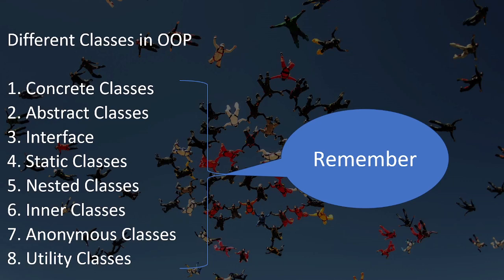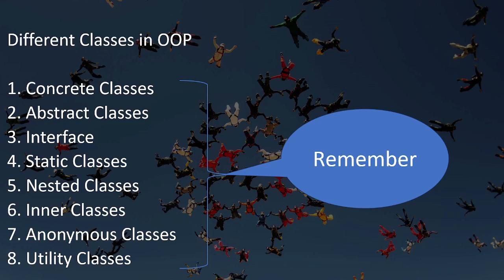Then comes your utility class, a class that contains only static methods and no instance variables. There would be no instance variables. An anonymous class is a special type of class that does not have any name, but a utility class contains only static methods and no instance variables, and utility classes are used to group related utility functions that are not specific to any particular instance of the class.